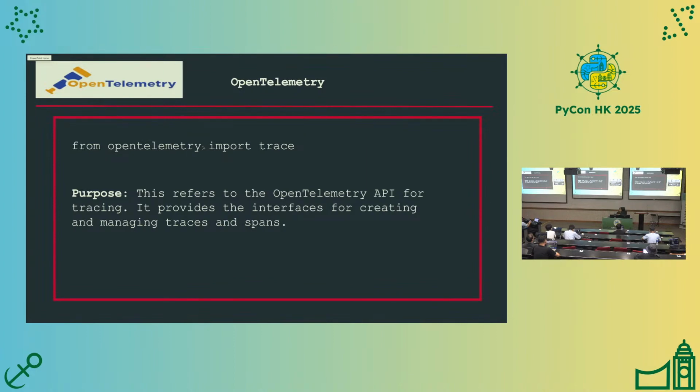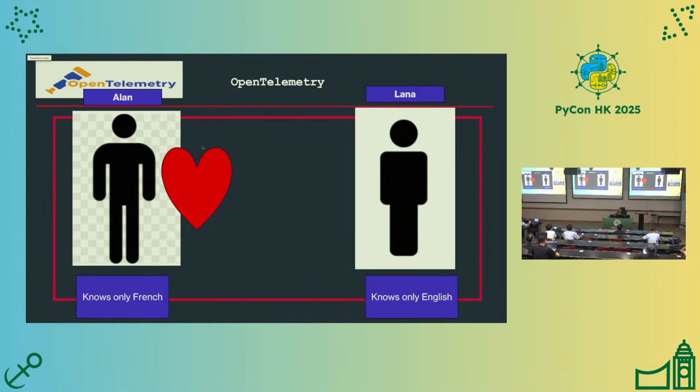So what are interfaces? The dictionary meaning of an interface is a place where two unrelated systems come together and communicate with each other. To explain in simpler language, consider this guy Alan, who has fallen in love with Lana. Alan knows French, Lana knows English, but they are unable to communicate.